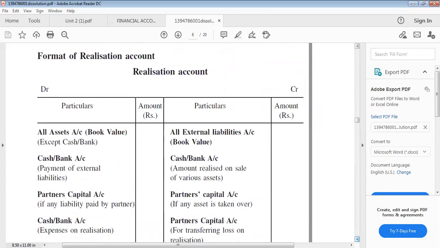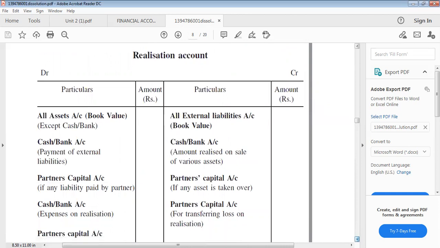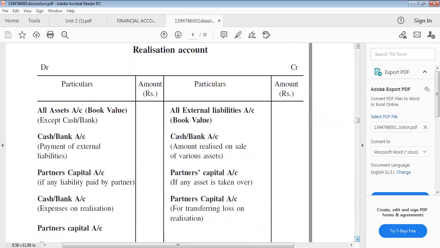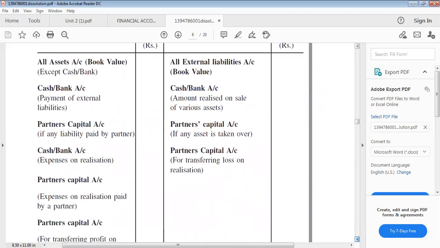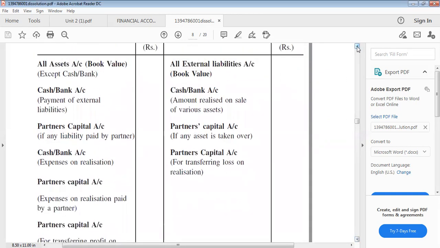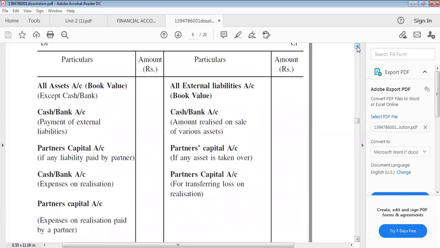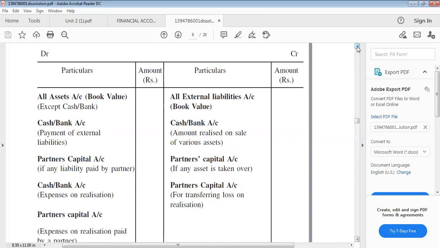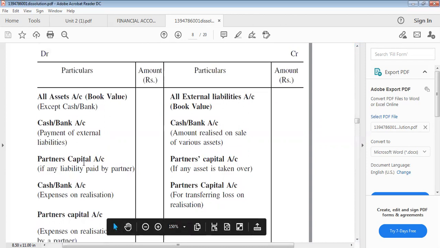Now let's look at the format of the realization account. You must make note of this in your book, please, and you must write it down. So this is the format. All assets at book value are recorded on this side.